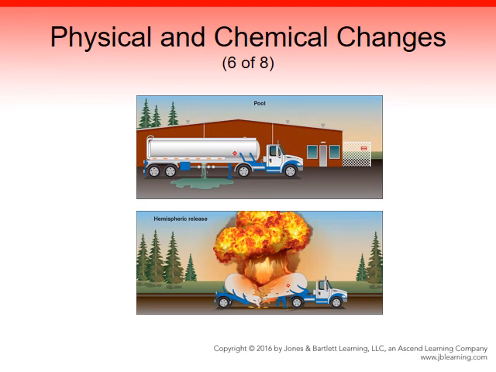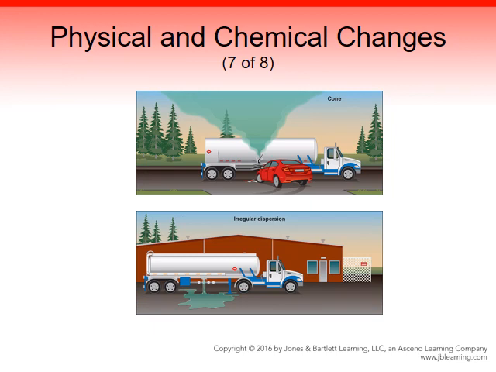Pooling, as seen here, and your hemispheric release, which is categorized traditionally as an explosion, such as a liquid propane tank exploding. Here's a picture of a cone release, and again that goes to the pattern, and your irregular dispersion, where basically your water is kind of going every which way.